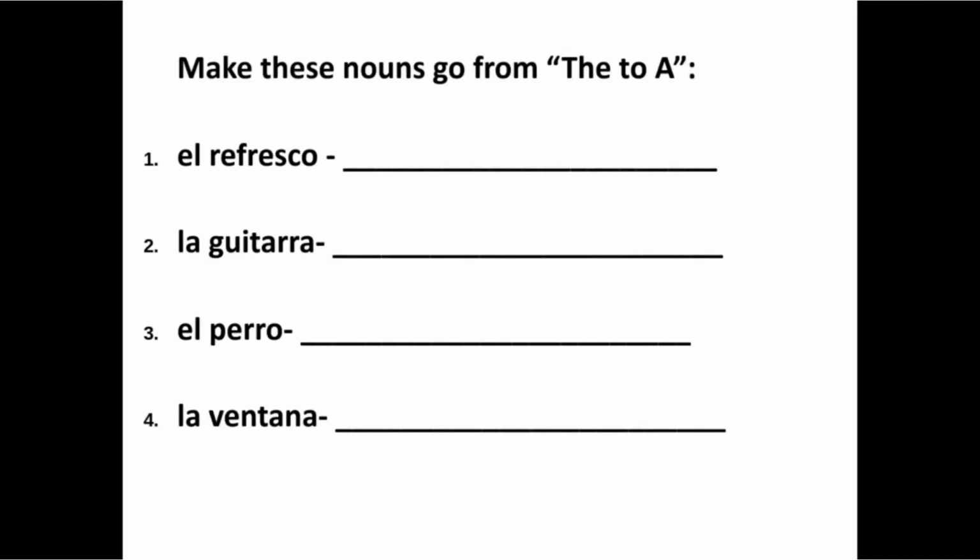Now make these nouns go from the to a. I'm going to ask you to go back, use the chart on the singular side, and follow the rules to drop el or la and make it go from the to a. So, 10 seconds, el refresco. Go from the drink to a drink. 10 seconds.